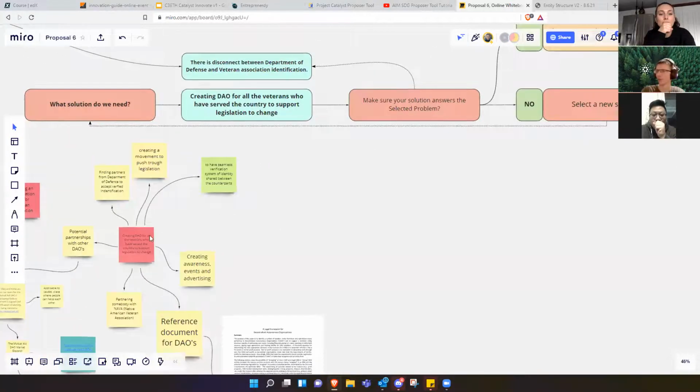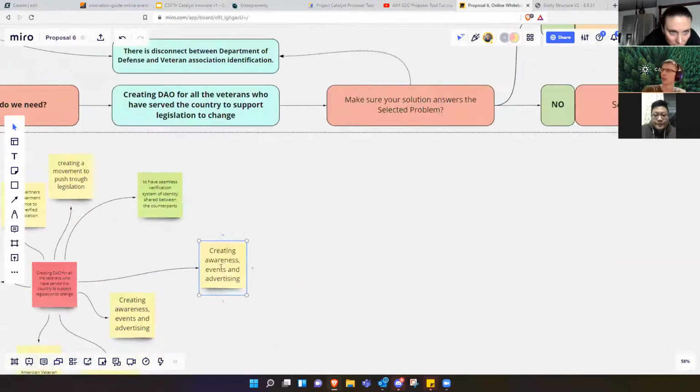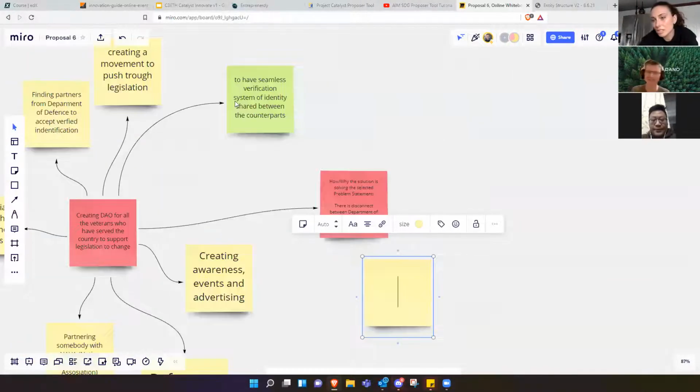We can also work on reverting. But now, why or how does it help, so that we know we are addressing the problem statement? If the verification can be done quickly, then they're able to start the process of getting their benefits quickly.